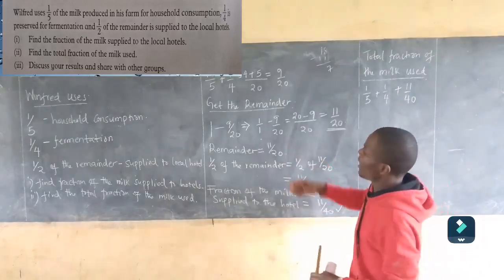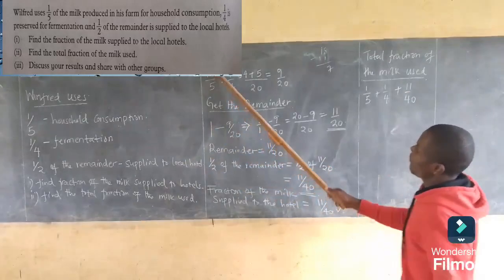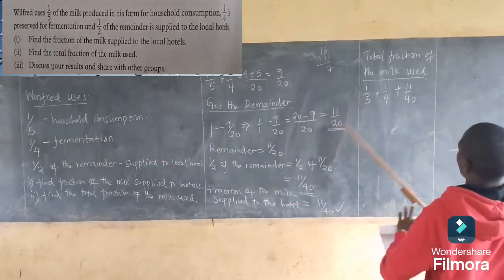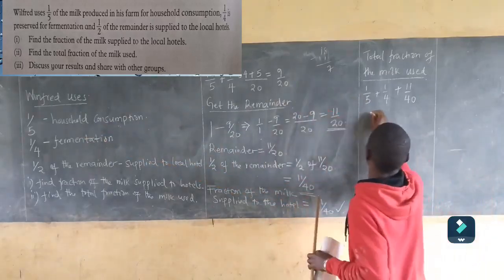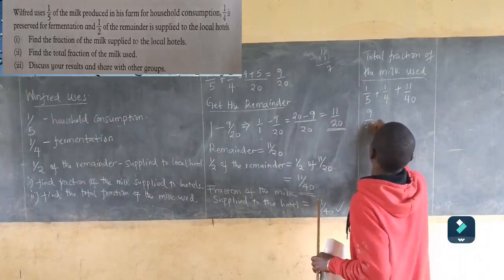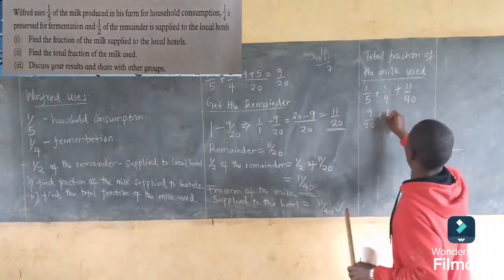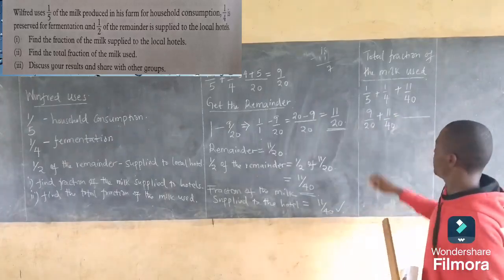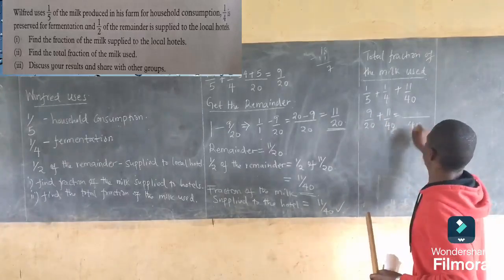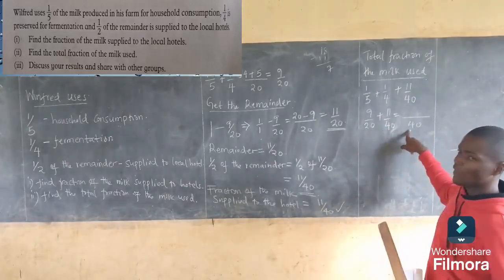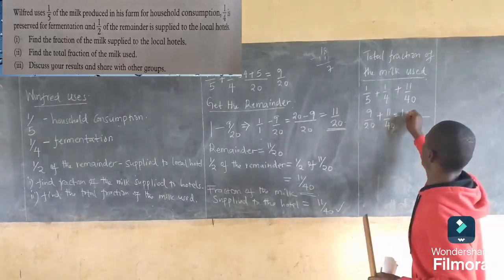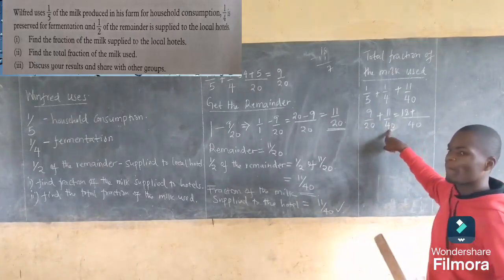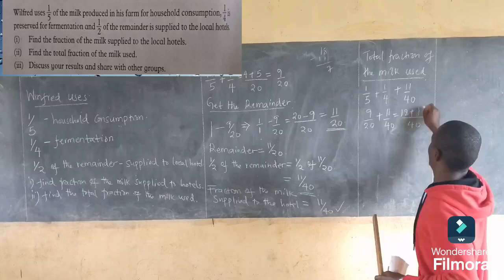But already we know 1 over 5 plus 1 over 4 is 9 over 20. So I'll just write 9 over 20 plus 11 over 40. The LCM of 40 and 20 is 40. 20 goes into 40 2 times. 2 times 9 is 18. Plus 40 into 40, 1 times 11 is 11.